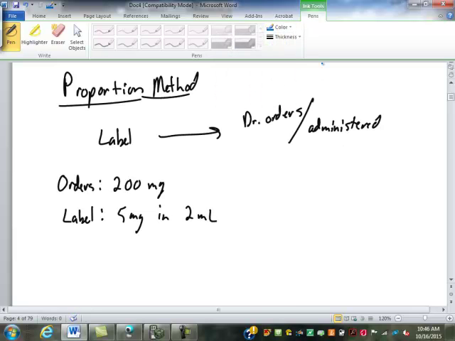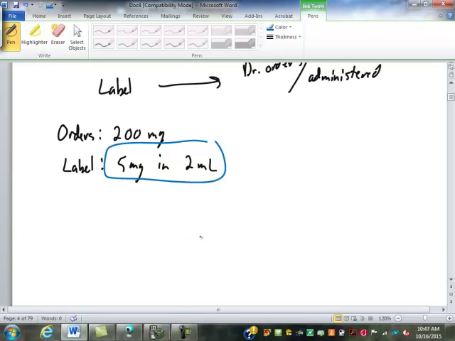Remember, a proportion is just 2 ratios. So our first ratio is going to be whatever's on the label, the concentration on the label: 5 milligrams in 2 milliliters. So in a proportion, on the other side, the units are going to be the same. So milligrams on top, milliliters on bottom, just like over here.